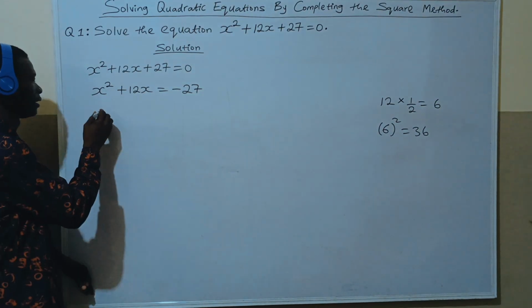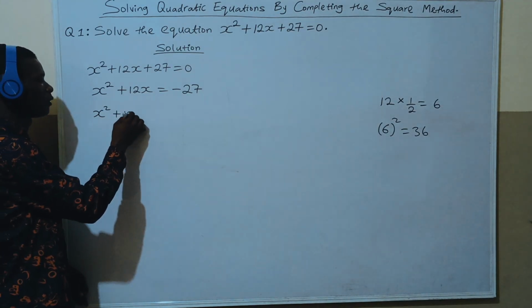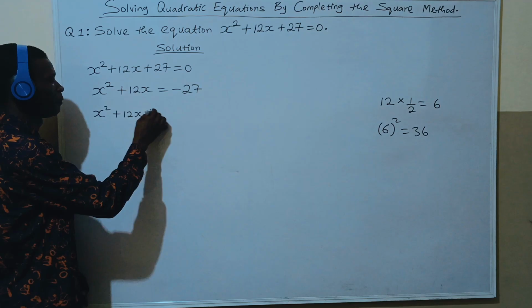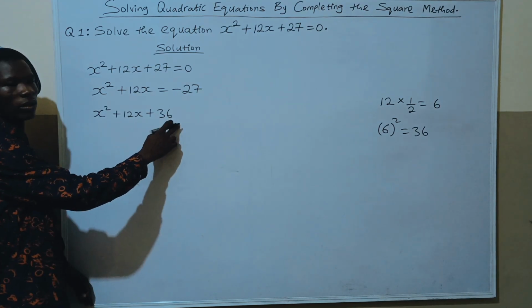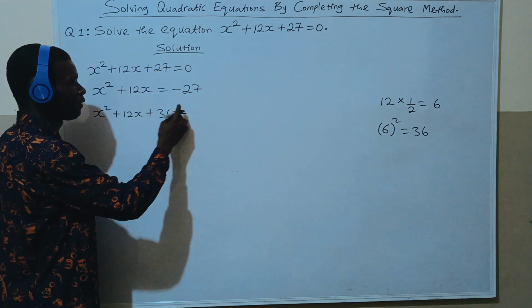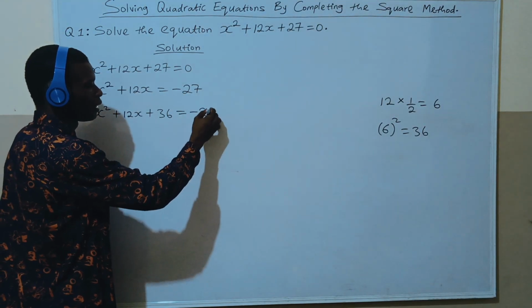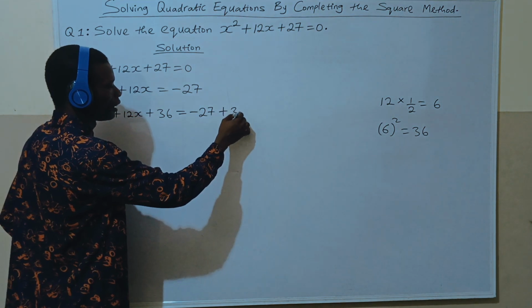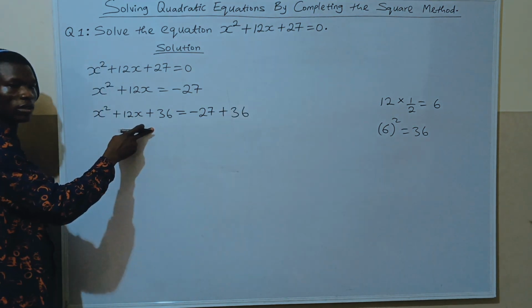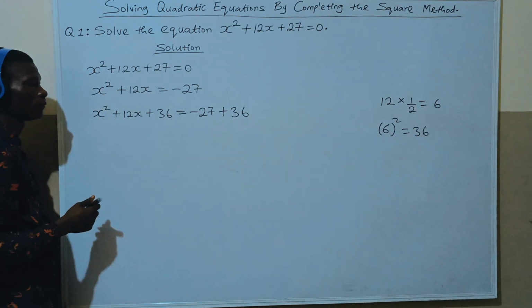So we'll have x squared plus 12x plus 36. So we have completed the square on the left hand side. Now whatever we do to the left hand side, we also do to the right hand side. So this is going to be negative 27 plus 36, because this 36 was not there, we have added it, and it has to be added to this side also.